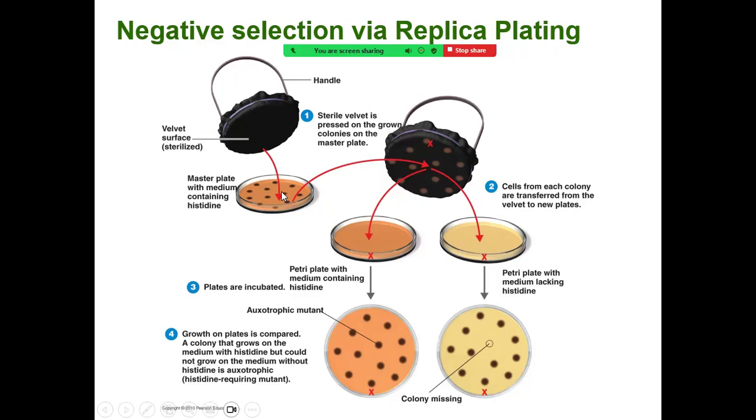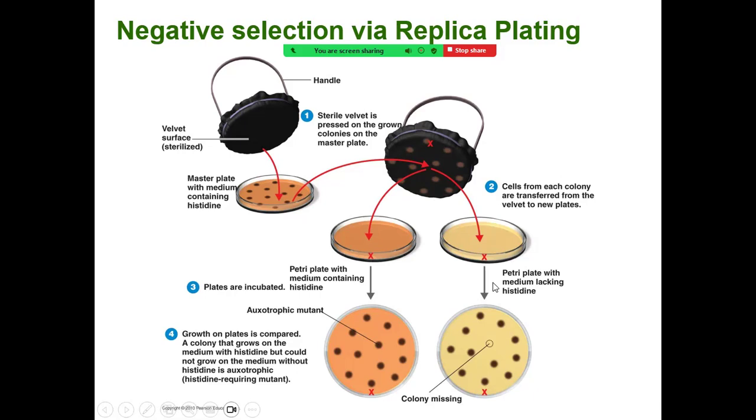So that one there will be that one there. This one here would be that one there. That one there would be this one there. You then take this velvet stamp and press it into 2 plates that have no growth on them. One plate contains the amino acid histidine.